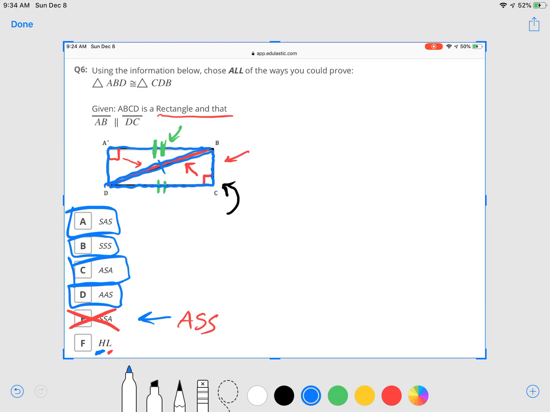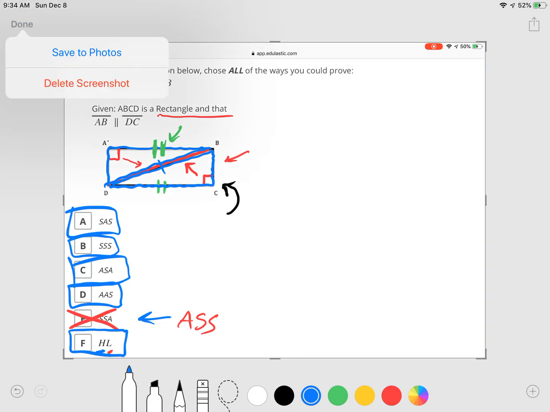So between these 2 triangles, we've shown that their hypotenuses are congruent, because it's literally the same line segment, BD. And we've shown that one of their legs are congruent to each other. AB and DC are congruent to each other. So that's enough to say that the two triangles are congruent by the hypotenuse leg theorem. All right, so that's it for number 6.